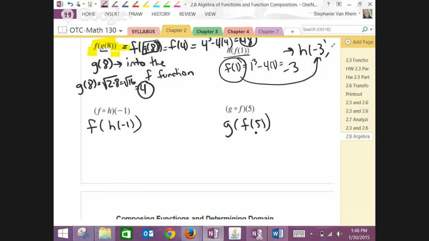Get it? That is correct. So try this one. That is correct. Good.